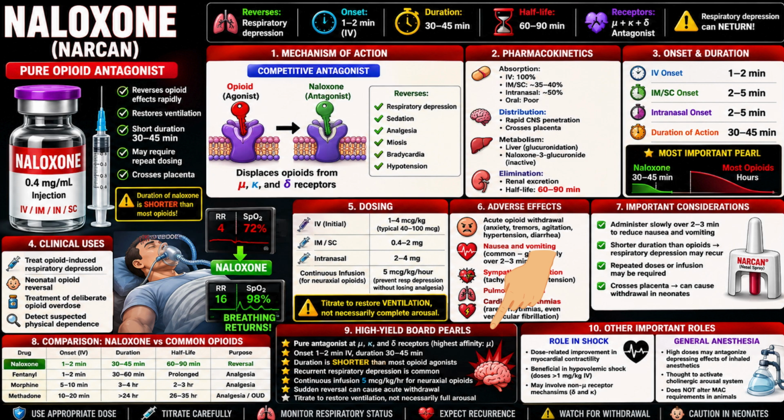The high-yield summary. Naloxone is a pure antagonist at mu, kappa, and delta receptors, with the strongest affinity for mu. Onset is fast, 1 to 2 minutes IV. Duration is short, 30 to 45 minutes. That duration is shorter than most opioid agonists, which means recurrent respiratory depression is genuinely common and must be anticipated.